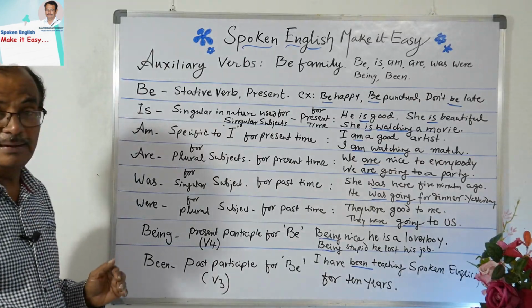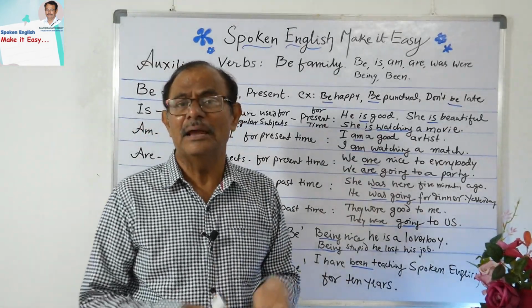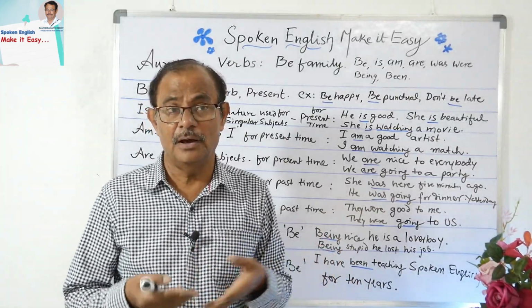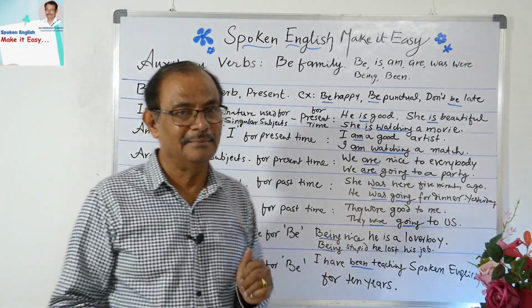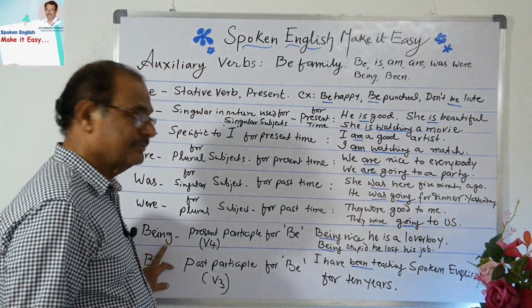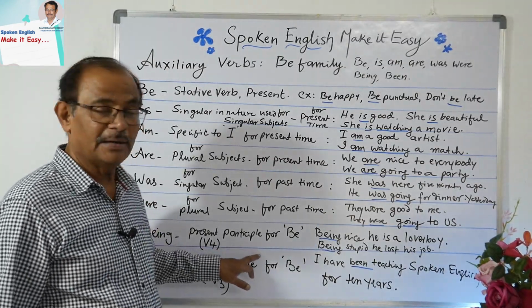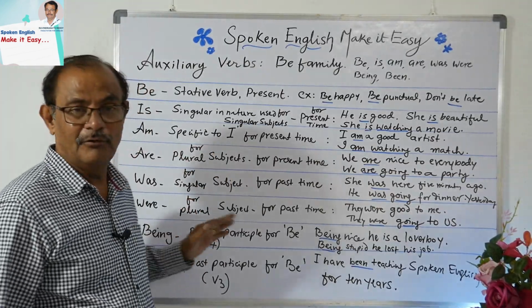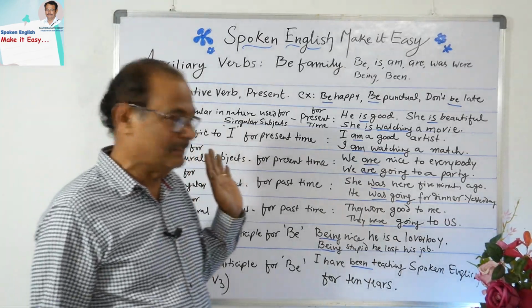Next, being. Yeah, so this being is really wonderful. Being is nothing but the V4 form of be, or a present participle, or a progressive form of be. You can easily understand because of the ing form, or the addition of ing. So present participle of be. This is V4. Okay, what is being? It is nothing but V4 of be. That is simple.